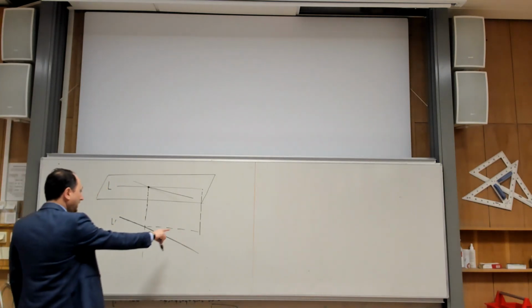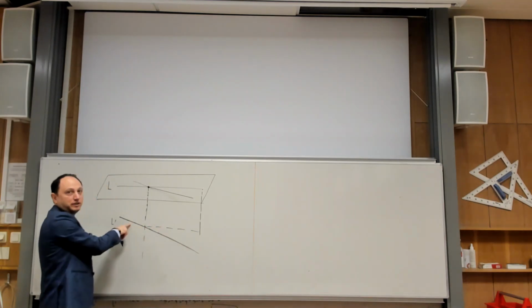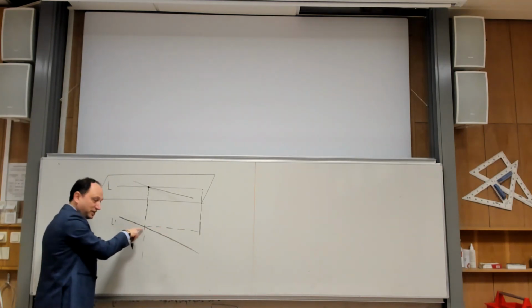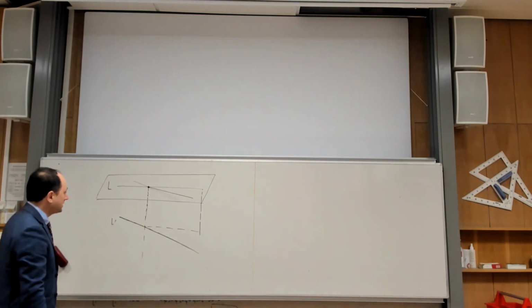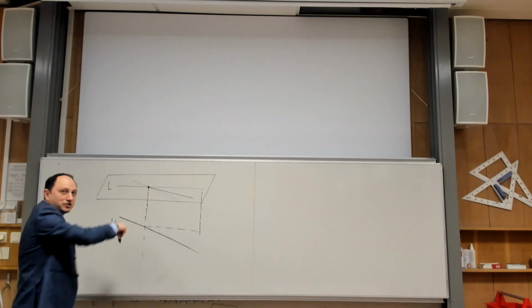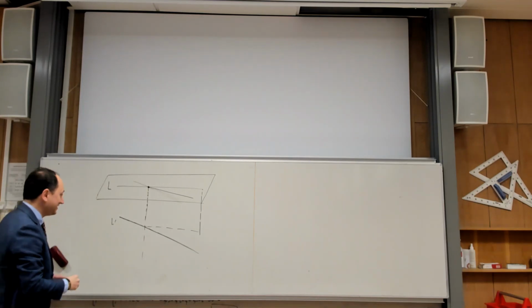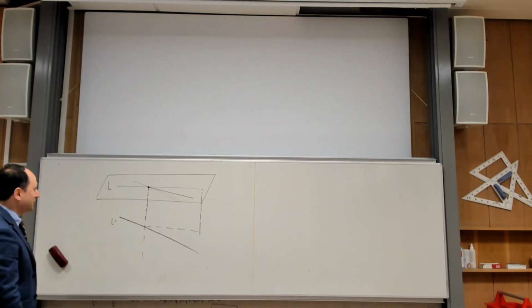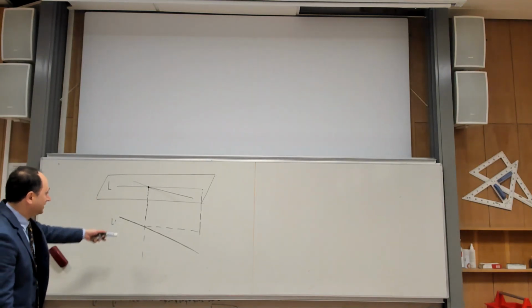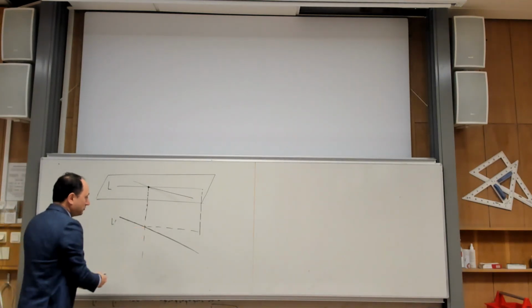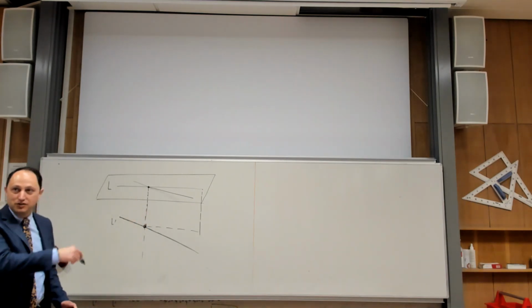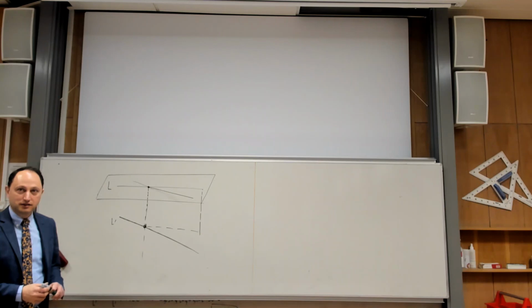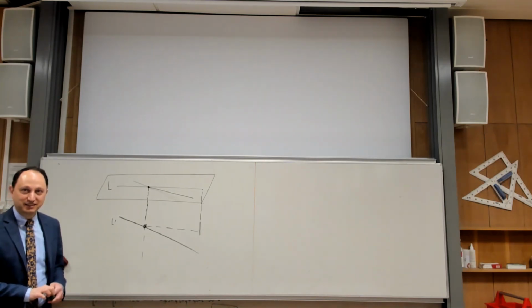But this plane definitely will intersect L prime, but not exactly at that point. So wherever it intersects, then I just connect these two intersection points together. It's a really bad picture. I don't even know how to draw it so that you can understand. Because the way that I have drawn it here, it seems that this is the intersecting point. We don't have any problems with that. But what I'm saying is that if that is the intersection point, you just need to connect them. Is that clear?